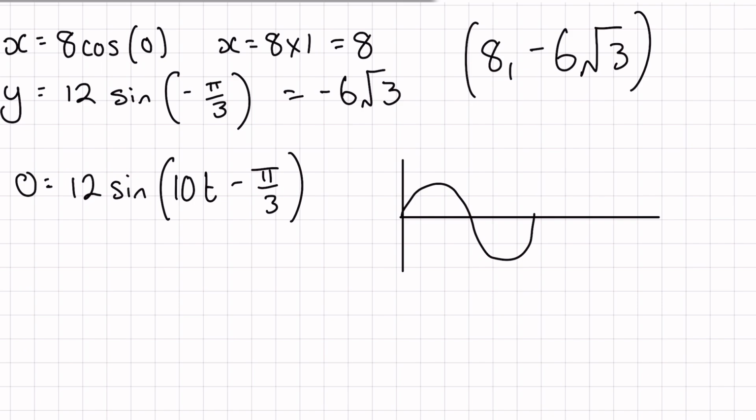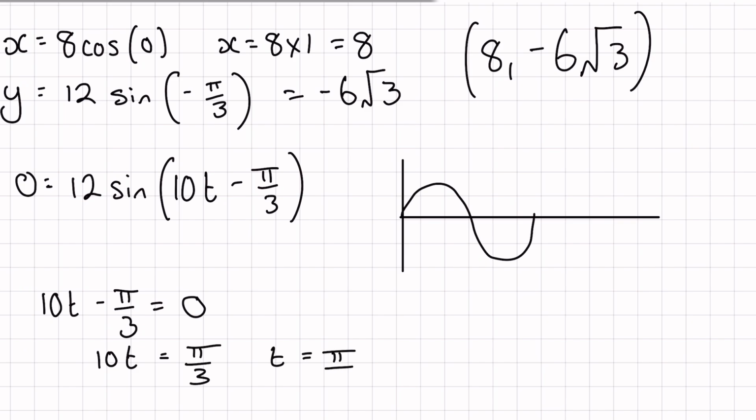So we need 10t minus pi over 3 firstly to equal 0, which is fine. 10t can equal pi over 3, so t can equal pi over 30. That would be our first option for when it equals 0.